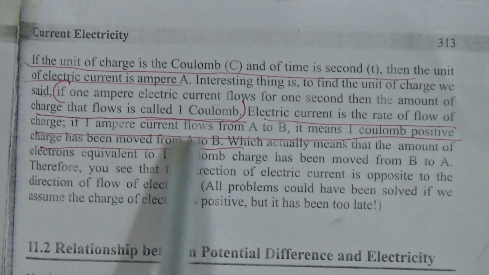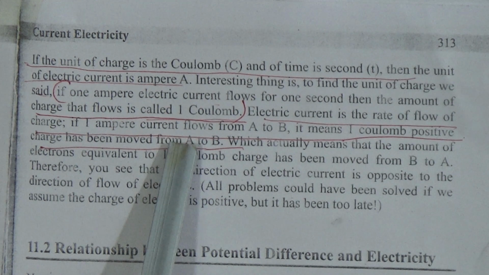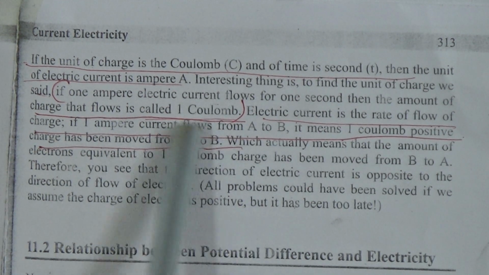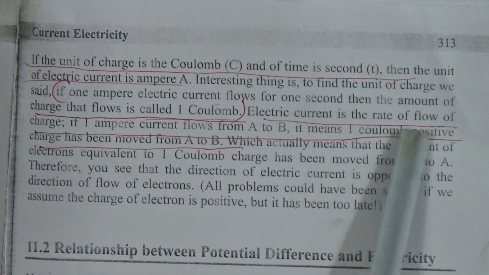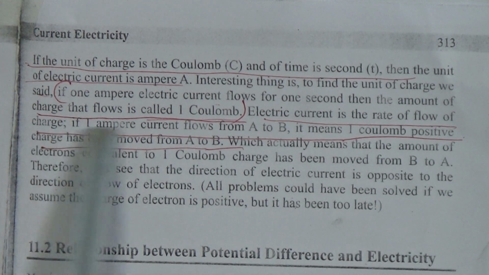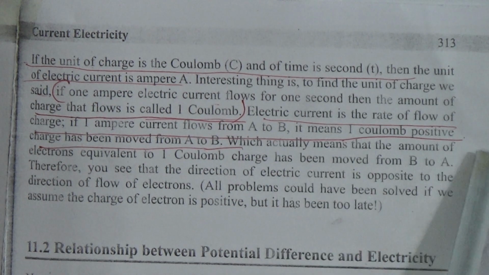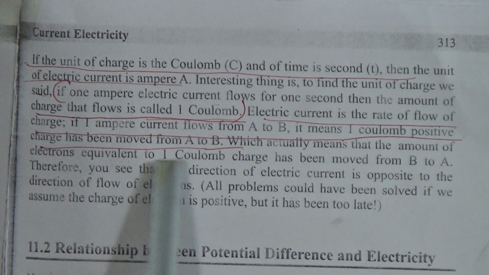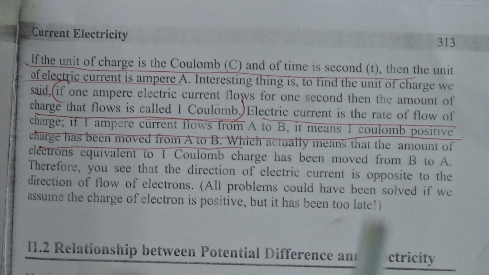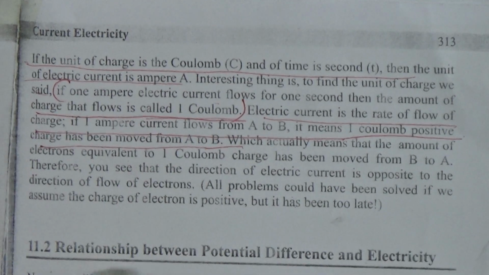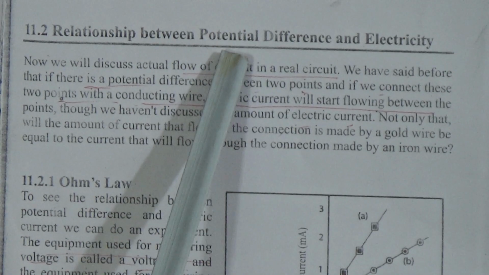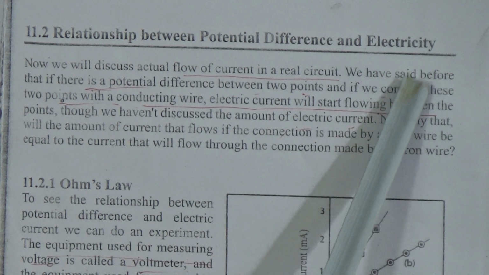So here we have learned what electric current is and what 1 coulomb is. Electric current is the rate of flow of charge. If 1 ampere current flows from A to B, it means 1 coulomb of positive charge has moved from A to B.